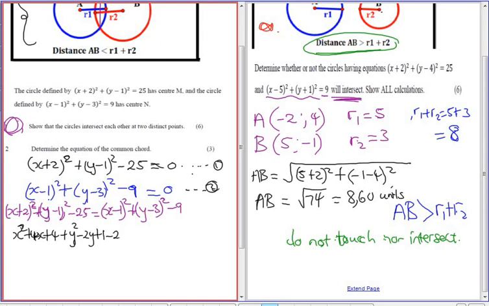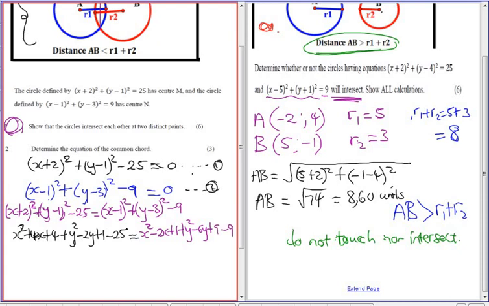And don't forget that negative 25. Oh, you don't want to forget it. Then this side will have x squared minus 2x plus 1. It is not a problem expanding this, plus y squared minus 6y plus 9, and then there is that negative 9.